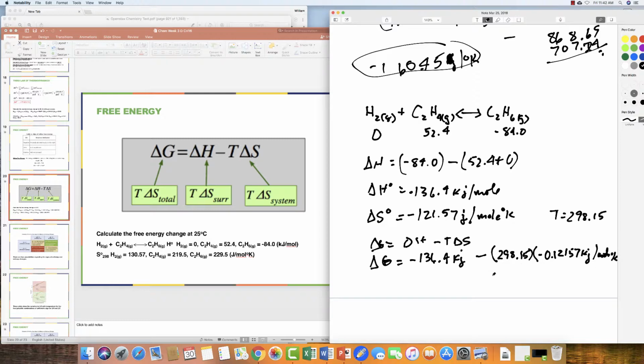And so we had to move that over in order to make them both be kilojoules.